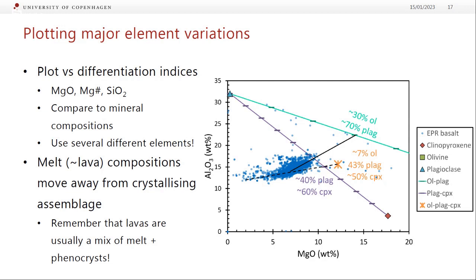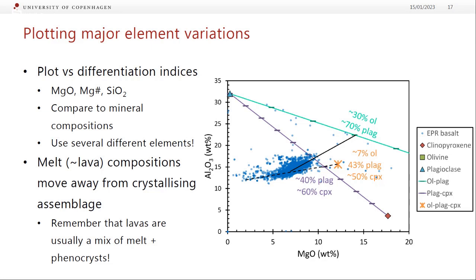It's just the molar magnesium divided by the molar magnesium plus iron. Or silica. The reason for that is that MgO is pretty much always dropping during magma differentiation, whereas silica is almost always going upwards. What you can do with this is compare it to the composition of minerals or mixtures of minerals to see what's crystallizing.